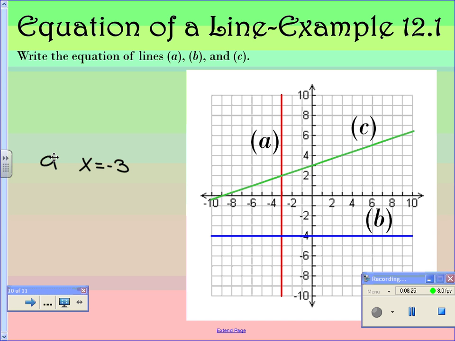Will someone go write B? Do you agree? Okay. Will someone go write C? You don't have to raise your hand. You can just go up there. Just don't run.